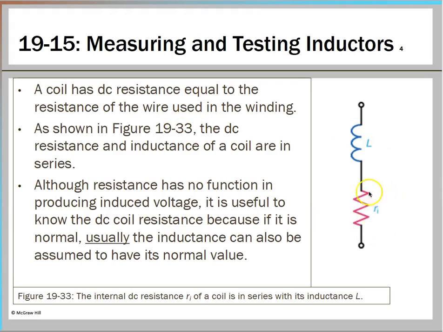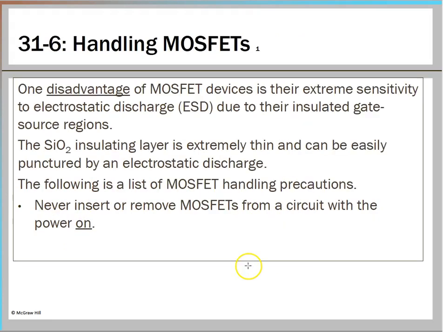It is important to know this resistance, because if its value is normal, then your inductor is also normal, and if its value increases by a huge amount, then you can assume something is wrong with your inductor. Although resistance has no function in producing induced voltage, it is useful to know the DC coil resistance, because if it is normal, then the inductance can also be assumed to have its normal value.